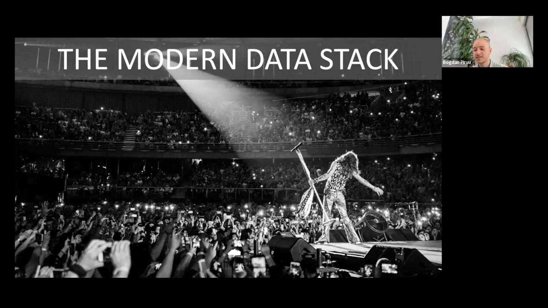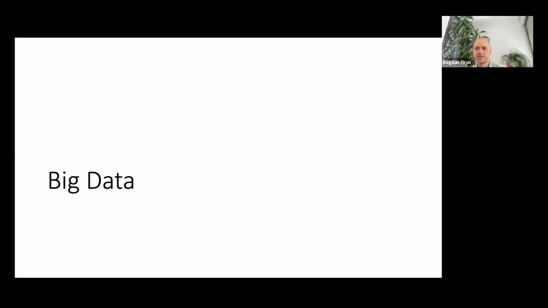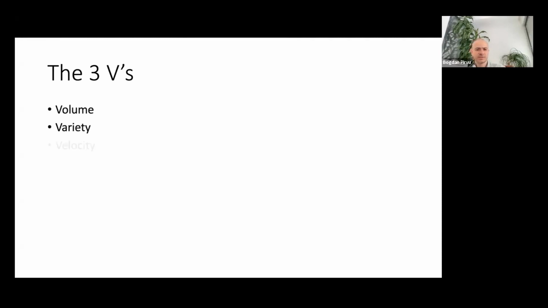And first, let's start with the name, which has become kind of a buzzword, very much like big data back in the day. As you probably know, there are two ways to understand big data. There is the theoretical explanation that goes along the lines of the 3 V's: volume, variety, and velocity.